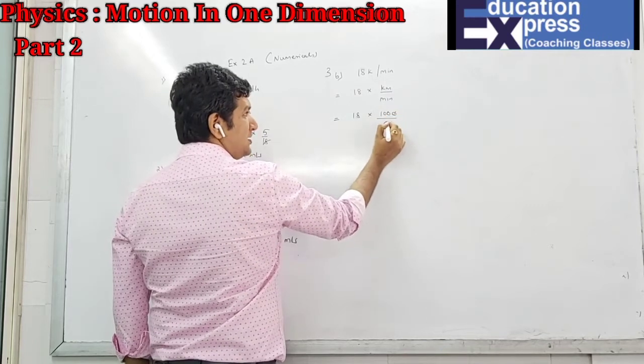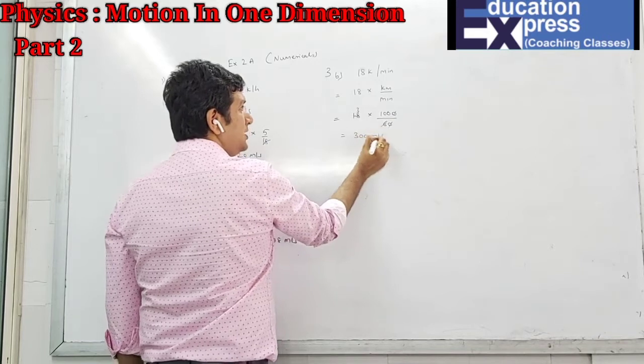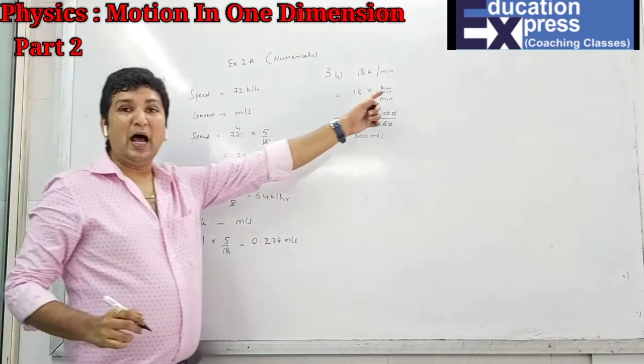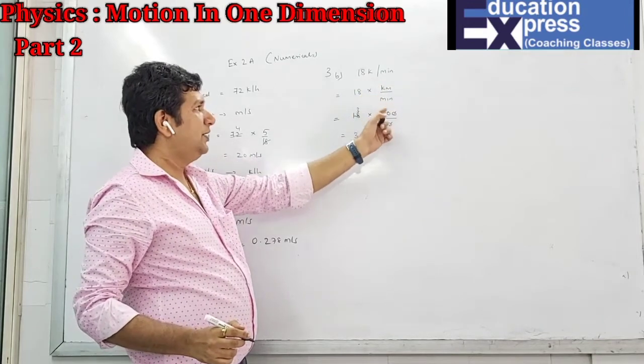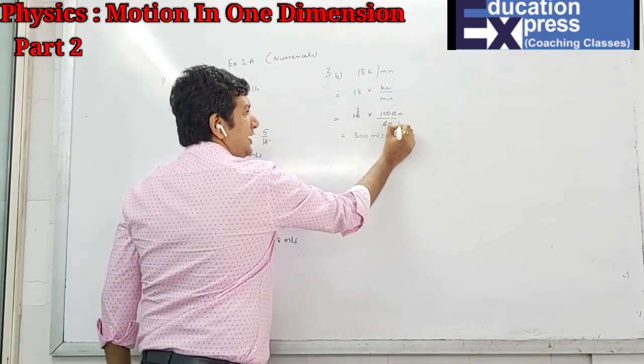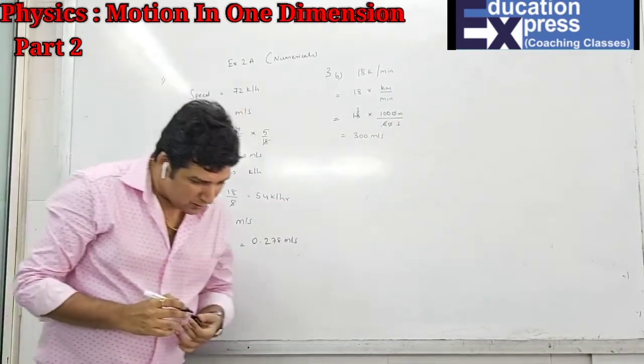So 0 will get cancelled, 6 3s are 18, and the answer is 300 meter per second. So it was not kilometers per hour, it was kilometers per minute. So I have taken 1 kilometer as 1000 meters, 1 minute as 60 seconds, and I got the answer 300 meter per second.